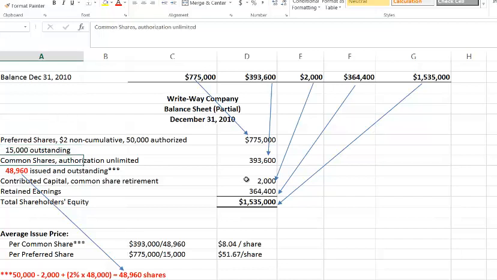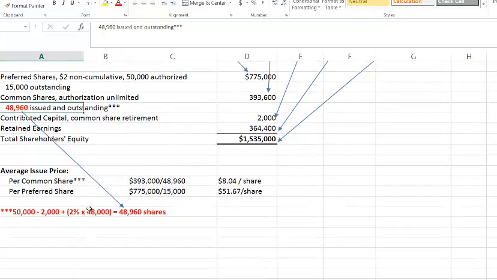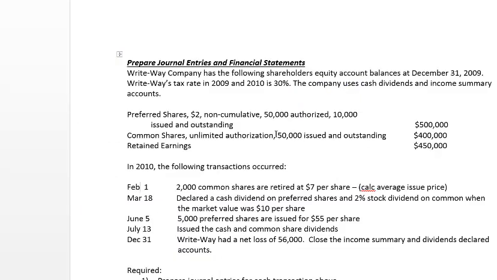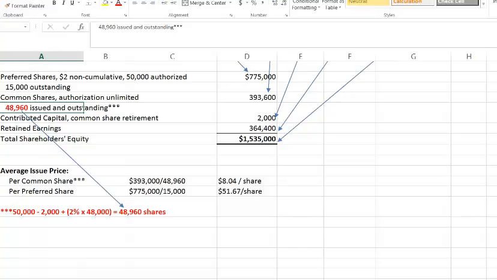Your common shares, again, the balance is right from your statement of changes in equity, but don't forget what happened. At this time, you don't have 50,000 like you did at the beginning of the year. At the beginning of 2010, that's what you had. But that's not what you have now, because from that 50,000, in February of 2010, you retired 2,000.